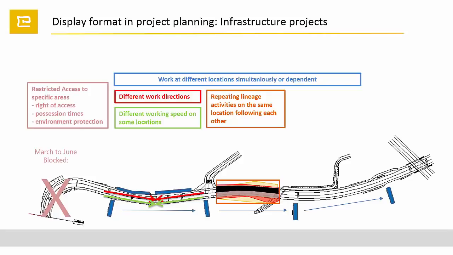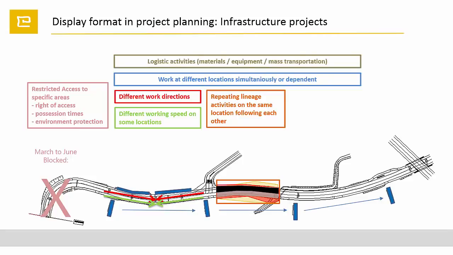There is also restricted access to the site coming from right of access, right of way, possession times or environmental protection instructions. There are lots of logistic activities to transport material, equipment, masses.